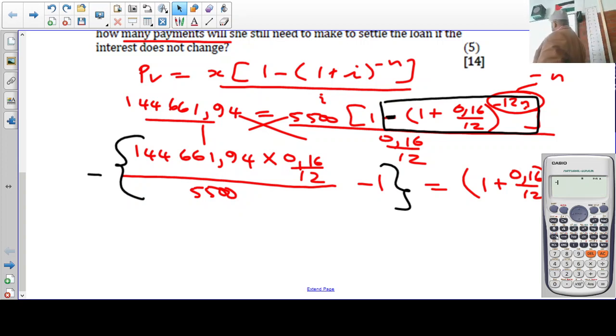So we've got negative, open brackets, 144,661.94 times 0.16 over 12, divided by 5,500, minus 1.